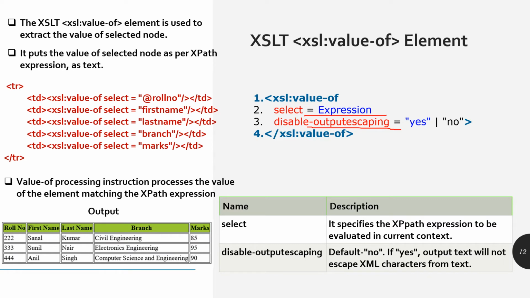Here, each and every record will be based on this particular selection. Here, value of what? Value of register number, then value of first name, value of last name, value of marks.